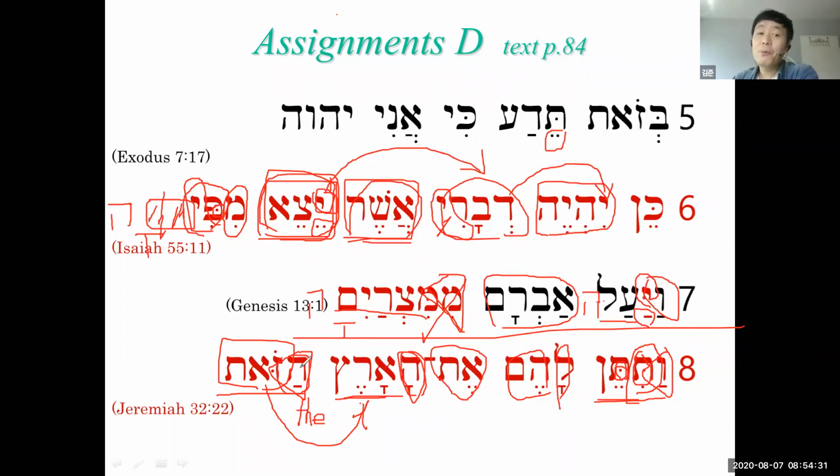What if we did not have he here? Then the translation must be different because there is no agreement between them in terms of definiteness. Then the adjective should be used as predicative function. Then the translation is not this land, but this is the land. So can you see the difference? All right.